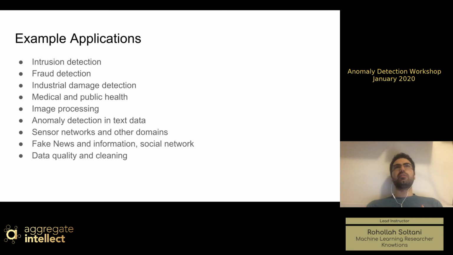The other thing is industrial damage detection. Sometimes they're measuring lots of numbers, like a sensor from a device, to be able to say if that device is working properly or not, or if that device needs attention.